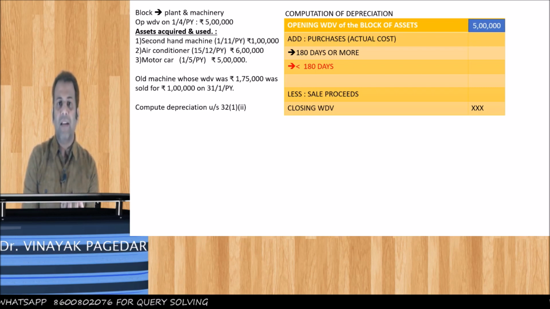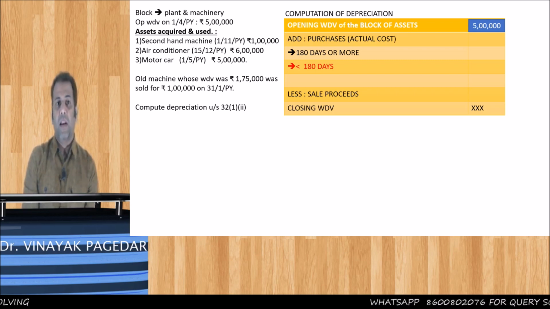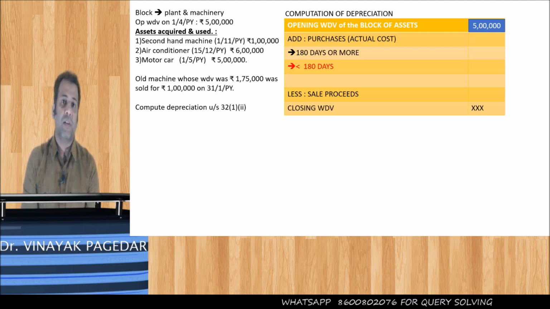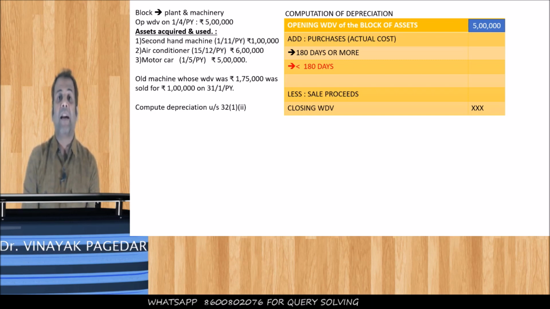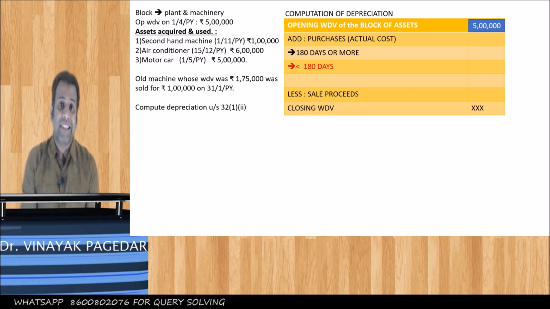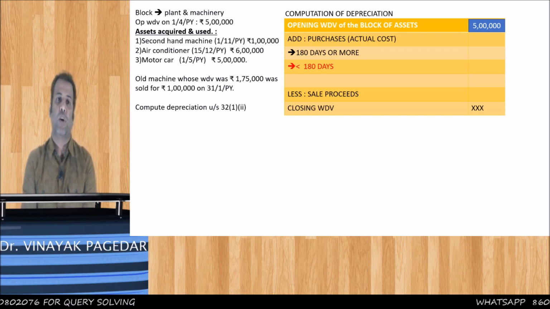Now, collect the assets of 180 days or more and collect those assets of less than 180 days. Like for example, my second hand machine and the air conditioner, both are plant and machinery, both get depreciated at 15% and both are put to use for less than 180 days. So 6 plus 1, 7 lakhs will be written in that less than 180 days slot.